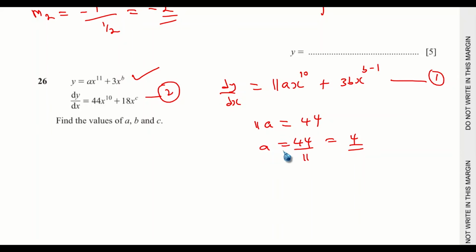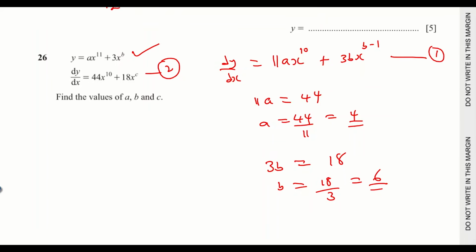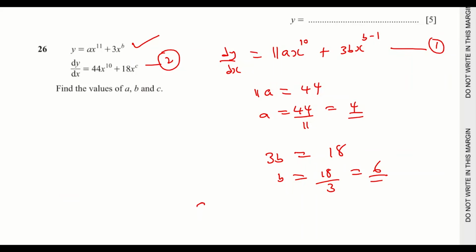So similarly, we can also compare this again, that is 3b is equal to 18, by comparison. So b equals 18 over 3, which is equal to 6. Okay, so finally we can compare this. c equals b minus 1, then c equals 6 minus 1, then c equals 5.